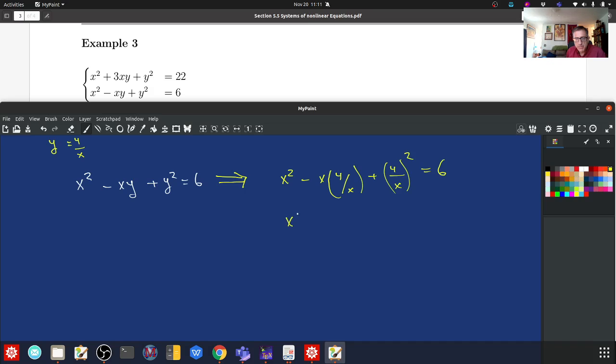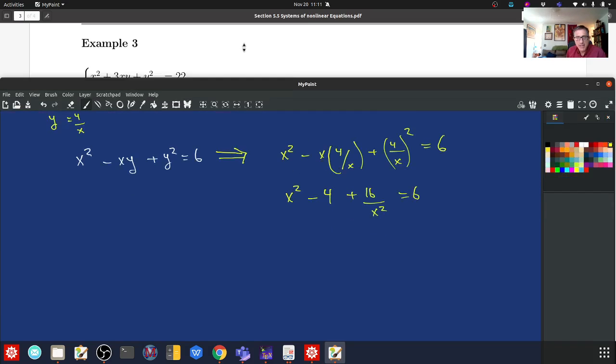So simplify: x squared minus, the x's cancel, so I get minus 4 plus 16 over x squared is equal to 6.